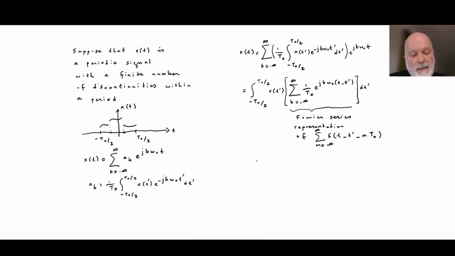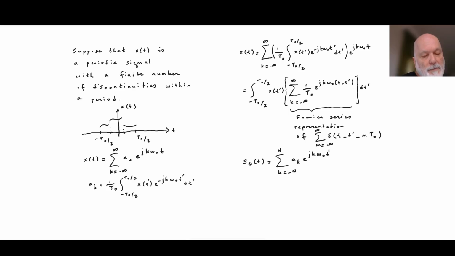So in that case, we have Sn of t, the truncated Fourier series, k from minus n to plus n, ak e to j k omega 0 t.